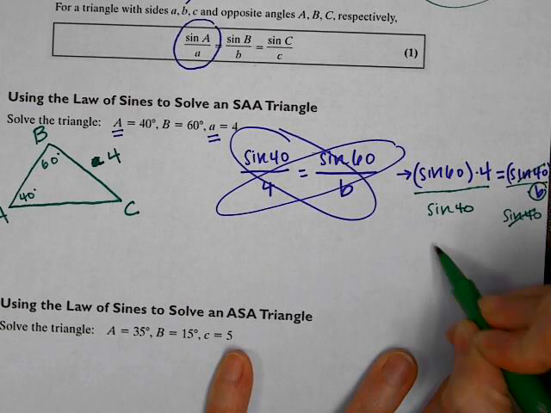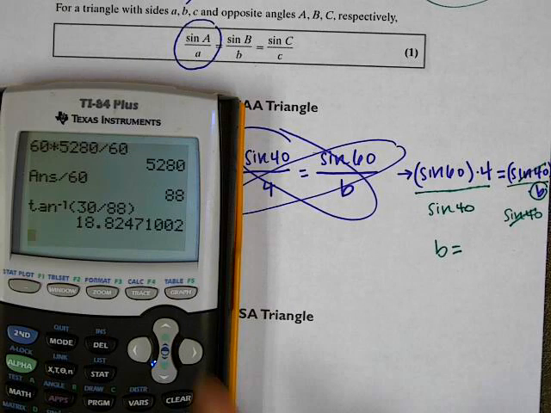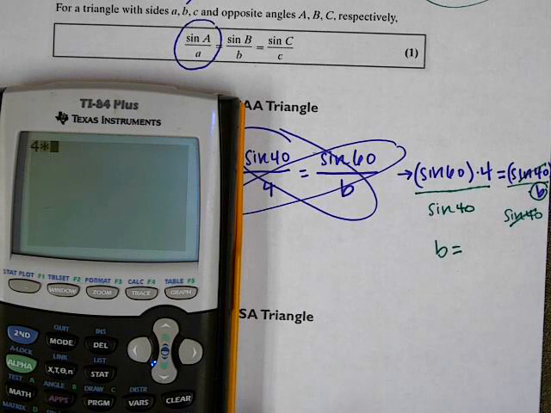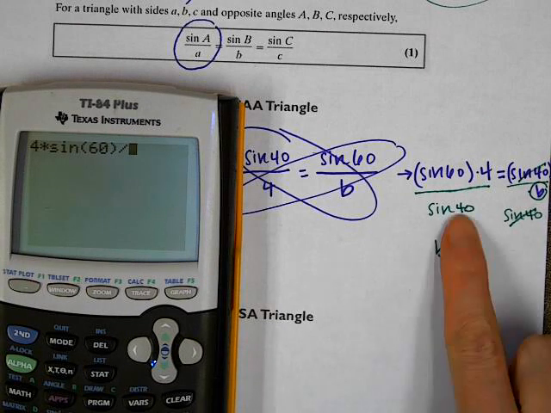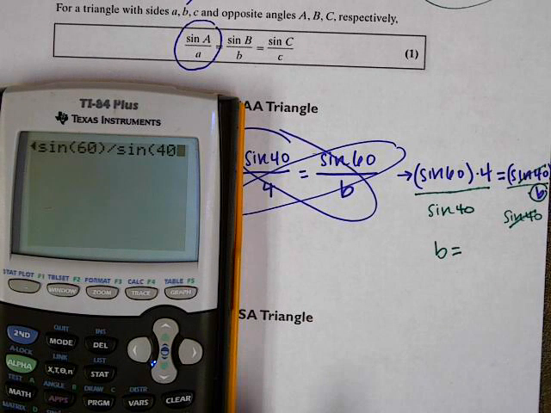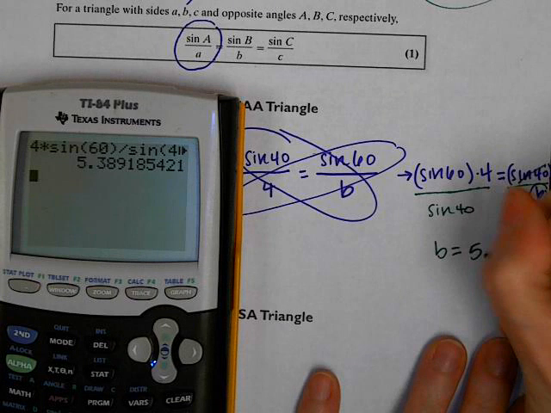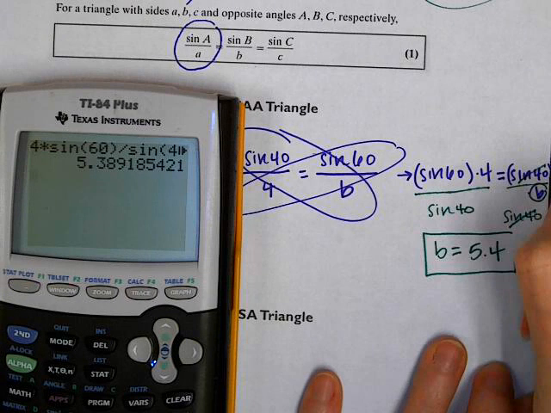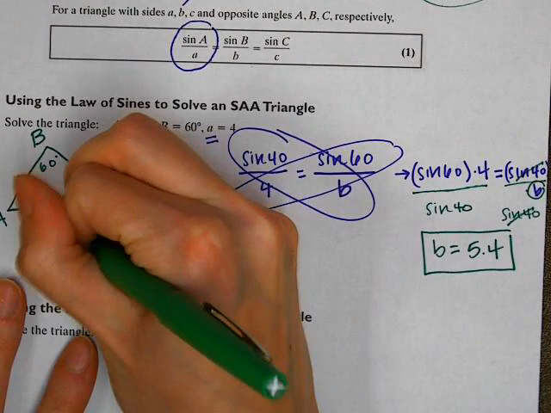Now, you can do this straight in the calculator if you want. Okay, so again, we did 4 times sine of 60, and then we had to divide it by sine of 40. Now, make sure you guys are in degree mode for these. And I got B to be about 5.4. Okay, so that's side B, so that's going to be 5.4.